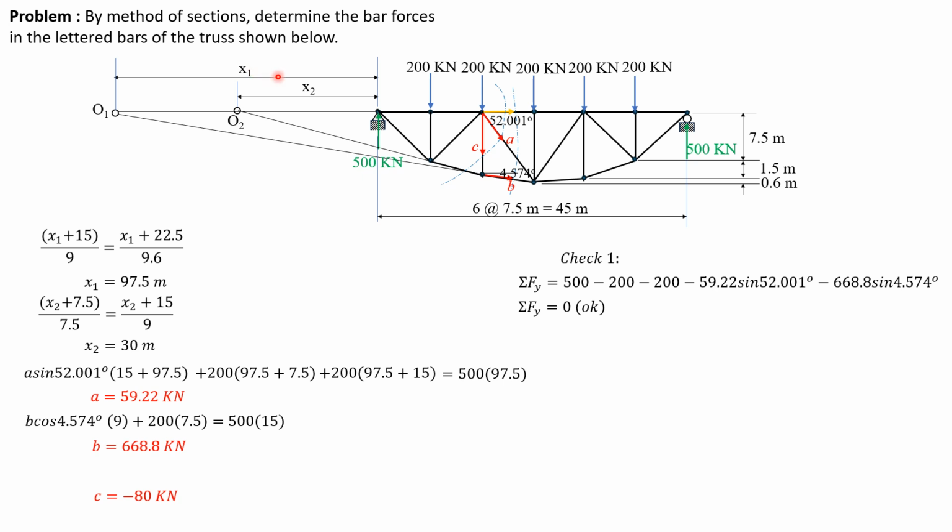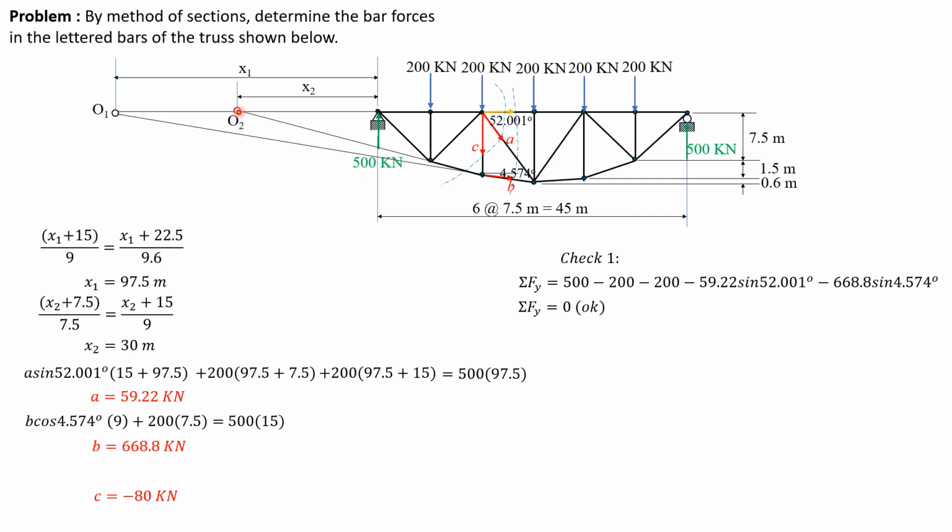Then, for the solution to the bar force of C later, it should be the intersection between this horizontal member and this inclined member here. When we consider this section here, they meet at O2.